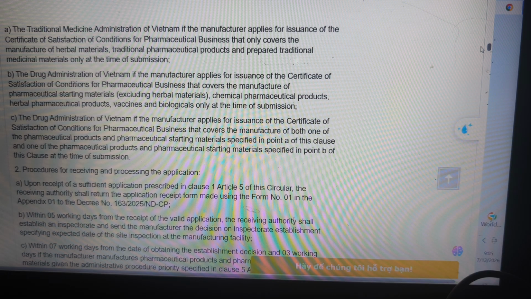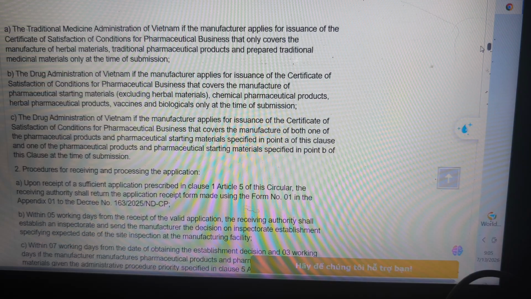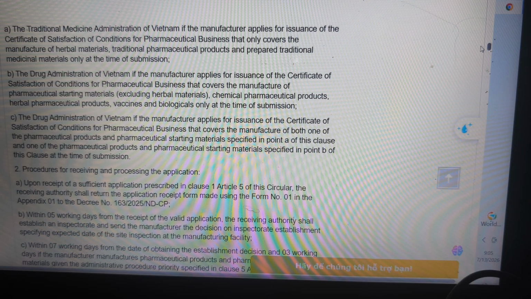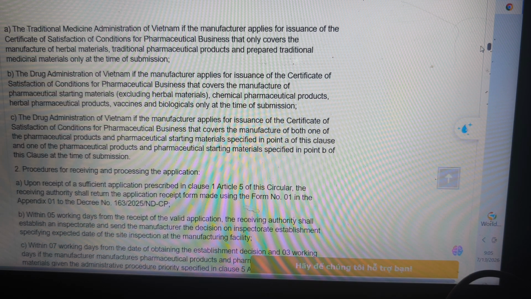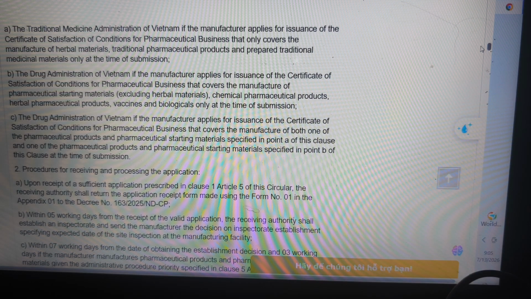Within 5 working days from receiving the valid application, the receiving authority shall establish an inspectorate and send the manufacturer the decision on the inspectorate establishment, which specifies the expected date of the site inspection at the manufacturing facility.